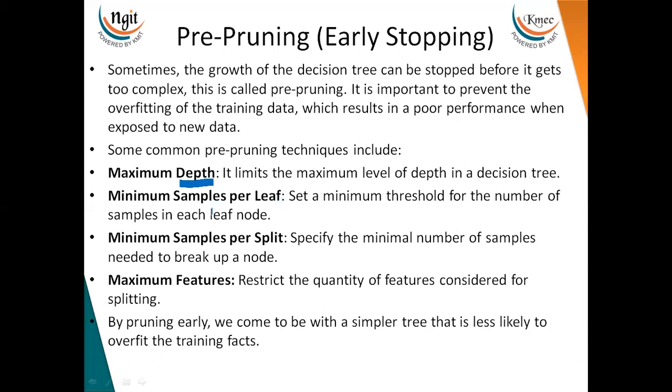Then for how many samples each leaf can have, you can also maintain a threshold. How many samples per split you want, that also you can limit. And how many features you include in the decision tree for splitting, that also you can decide.